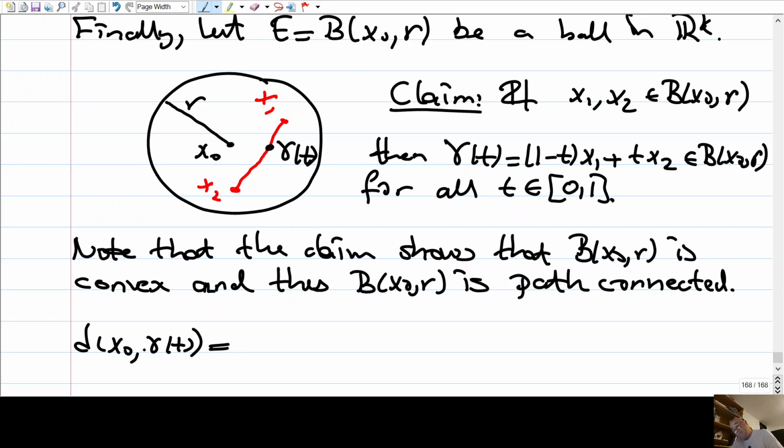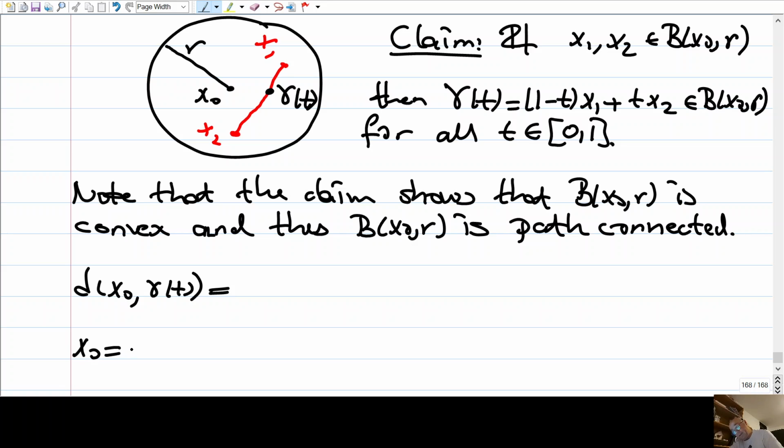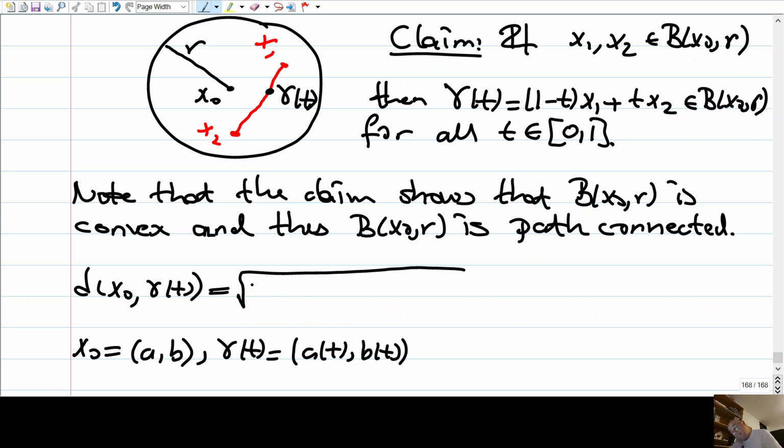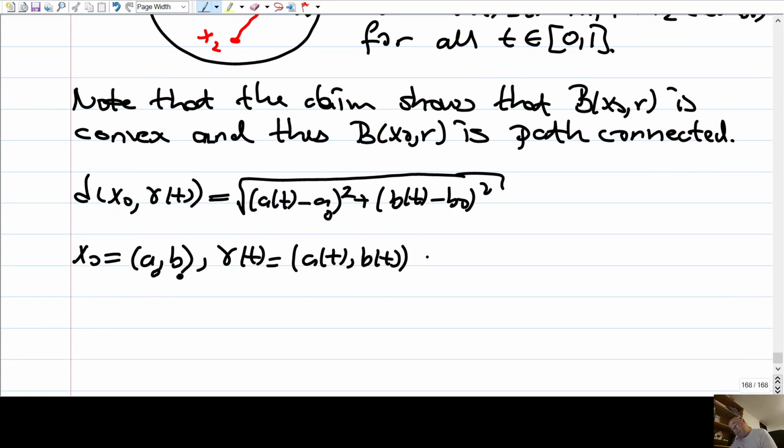Suppose x0 is the point with coordinates a0, b0, and gamma t has coordinates at, bt, and this distance is then what? at minus a0 squared plus bt minus b0 squared, and you need to show that this is less than R, provided that the endpoints lie in the ball.